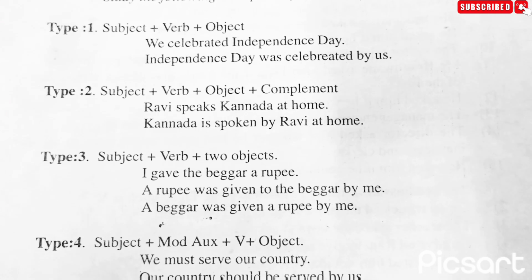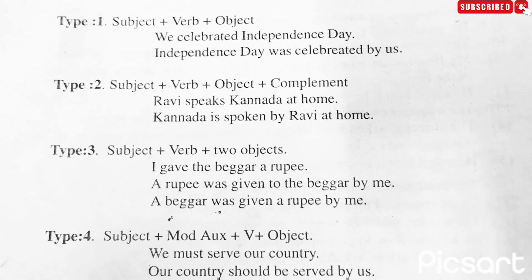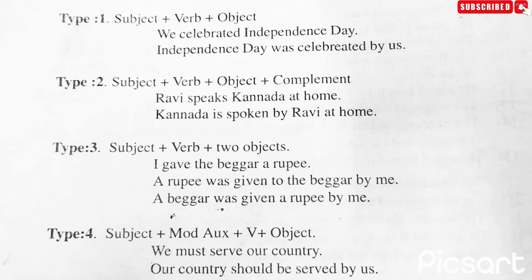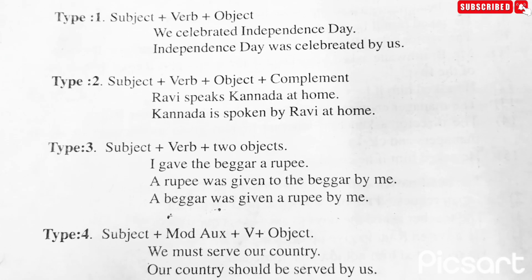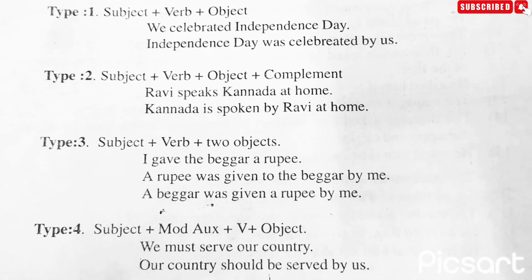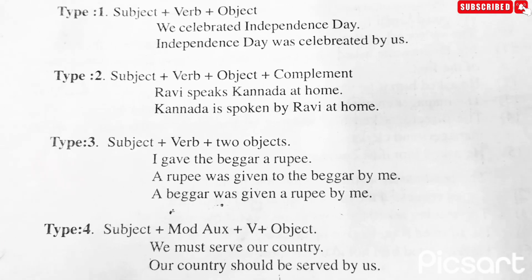So we write celebrated, preposition by, and the object form of we is us. We celebrated Independence Day is the active voice. Independence Day was celebrated by us is the passive voice.